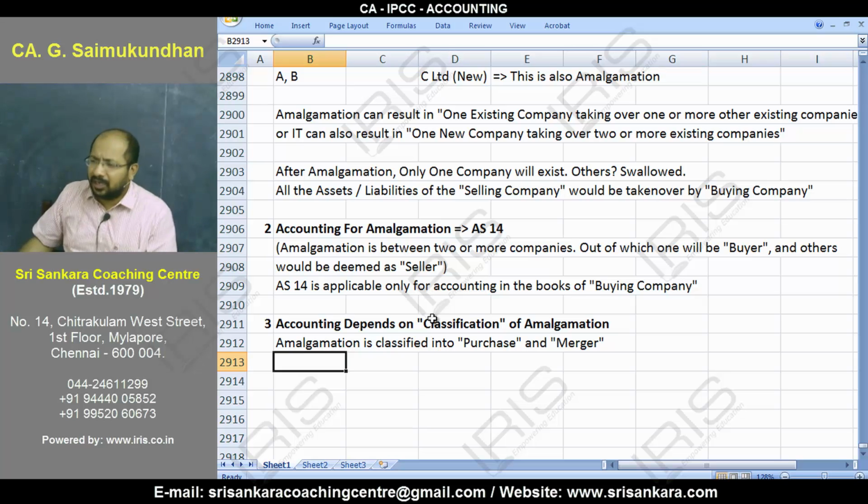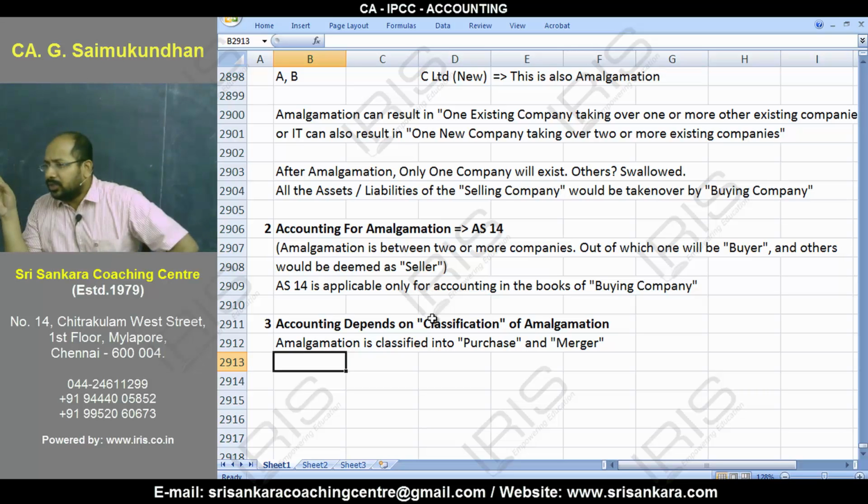The journal entries will change, and it has a huge amount of implication for the entire accounting. Having said that, only in India do you have this merger and purchase distinction; in IFRS and abroad accounting standards, you'll find that no such distinction is given.